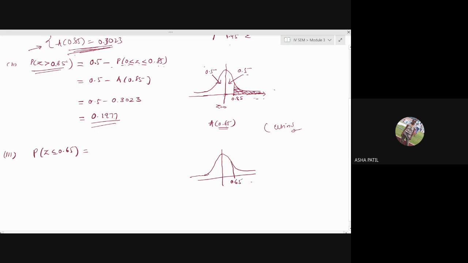Now we want less than or equal to. That means, what will you write? Which area is to be shaded? Can you tell? Second quadrant and part of first quadrant. A, B or C? A, B, ma'am. A and B both.